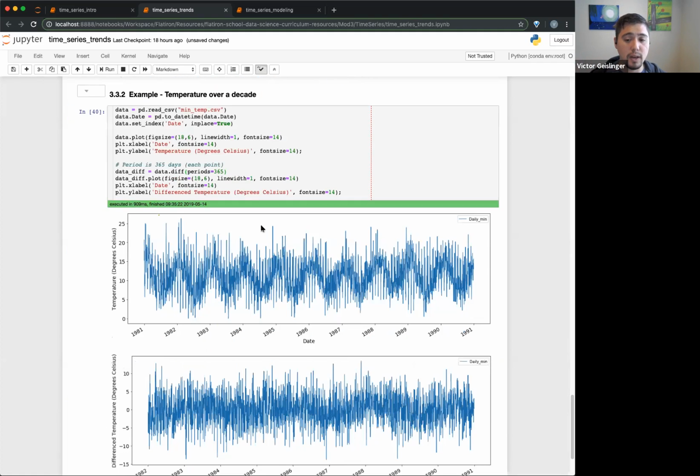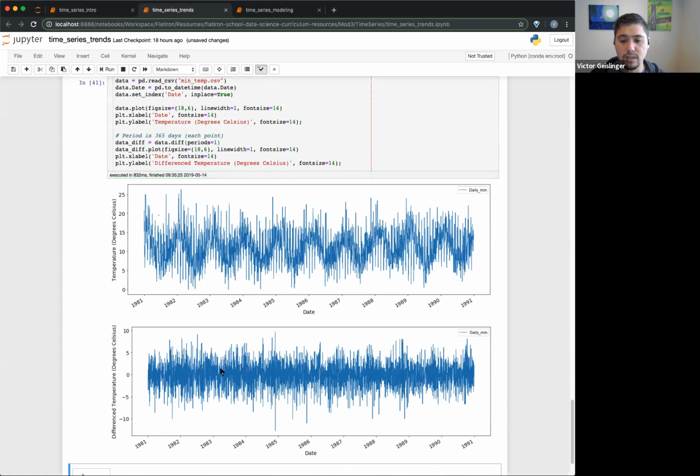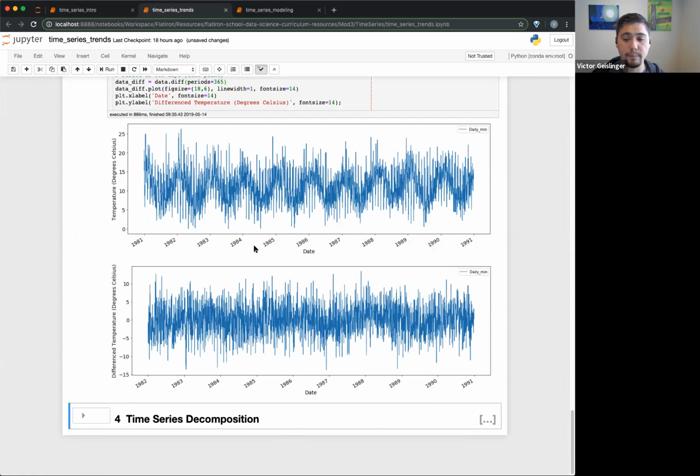The default is just 1, which, if I do just 1 here, you can see it helps, but it's not really giving extra context. And that's why we do 365 here. It's basically the context of saying, well, we know it's repeating every year and getting rid of that period, that seasonality. Okay, so cool. All right, that was differencing.